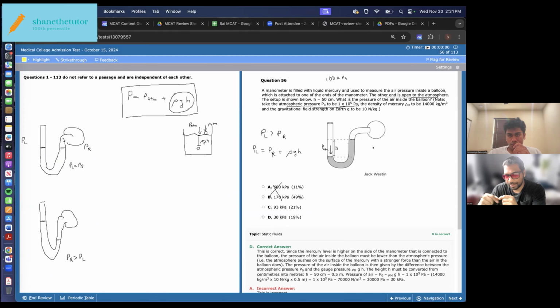That's just so we know that the pressure on the left is higher than the pressure on the right, but by how much? That's going to be the rho g h.